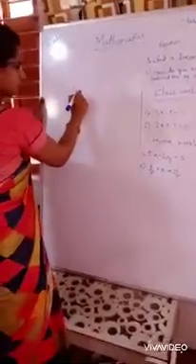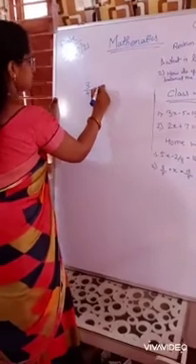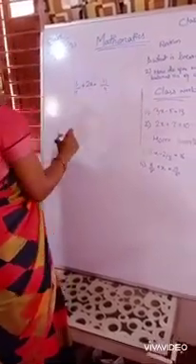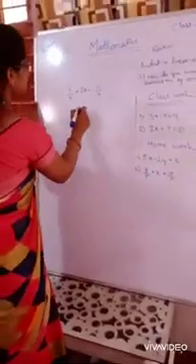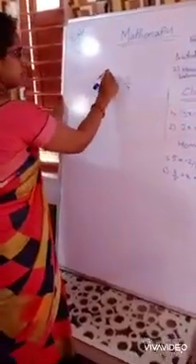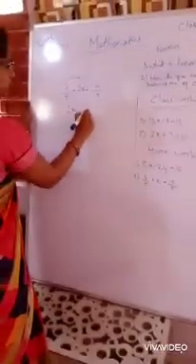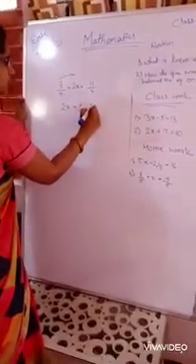3 by 4 plus 2x equals 11 by 4. Solve this question. We transfer the constant in the opposite direction. 2x equals 11 by 4 minus 3 by 4.